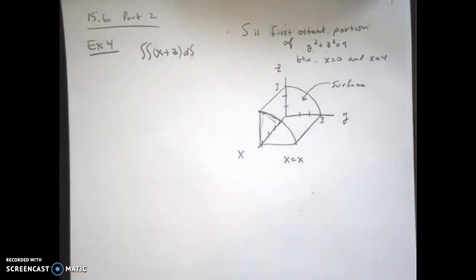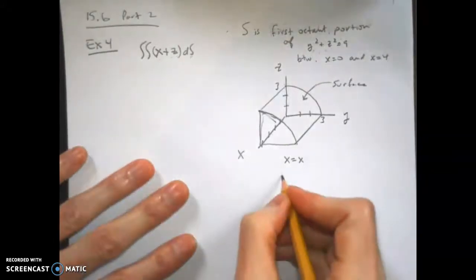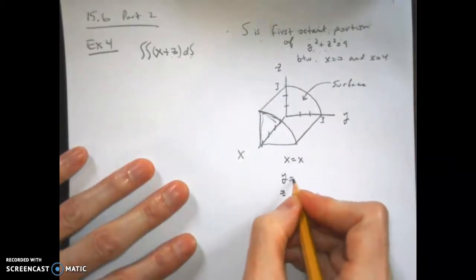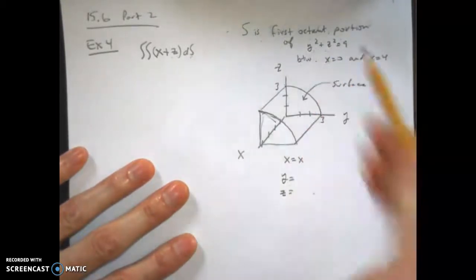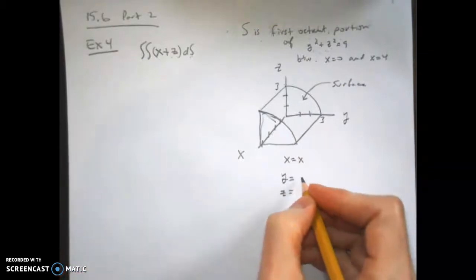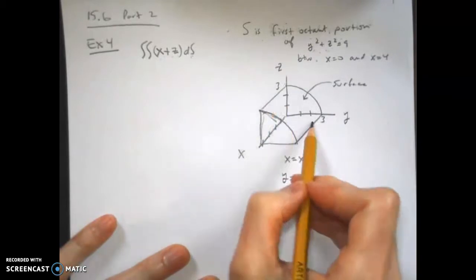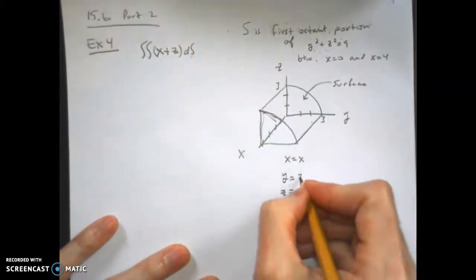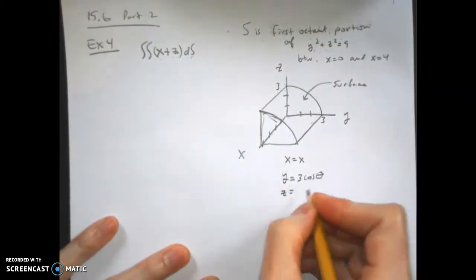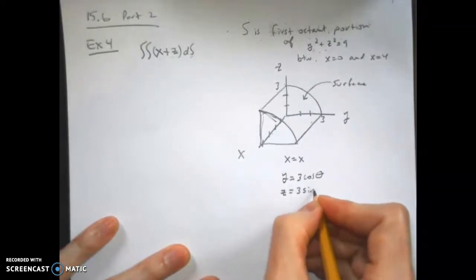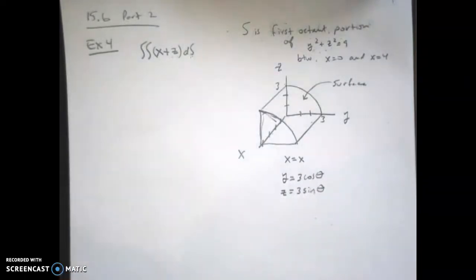Y and z make a circle, so we could call them r cosine theta and r sine theta. On this surface, r is a constant 3, so 3 cosine theta and 3 sine theta.